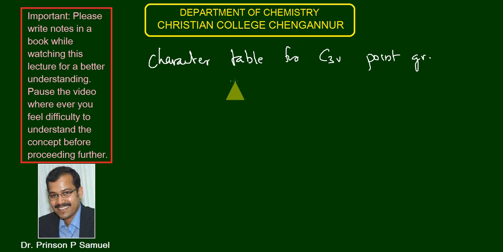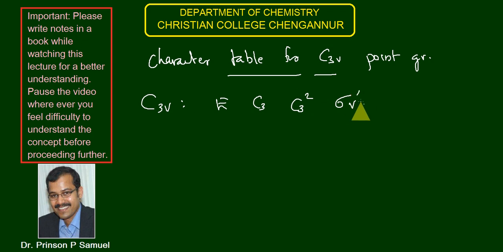We know that the elements in the C3v point group are E, C3, C3 square, sigma v dash, which we can take as sigma v xz, sigma v double dash, and sigma v triple dash. So there are 6 elements in the C3v point group.